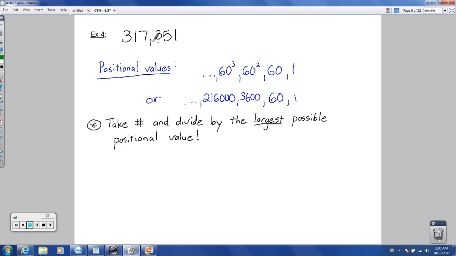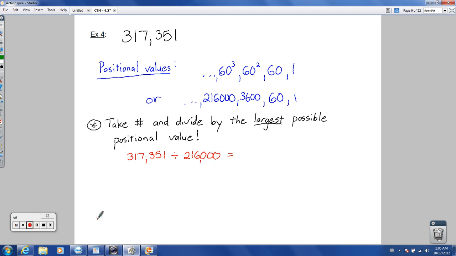So we want to take this number and divide it by this, the largest possible one. The next one would be 60 times bigger than that, much bigger than 317,351. So now let's do what we got there. I'll go red. That's fine. 317,351 divided by 216,000.